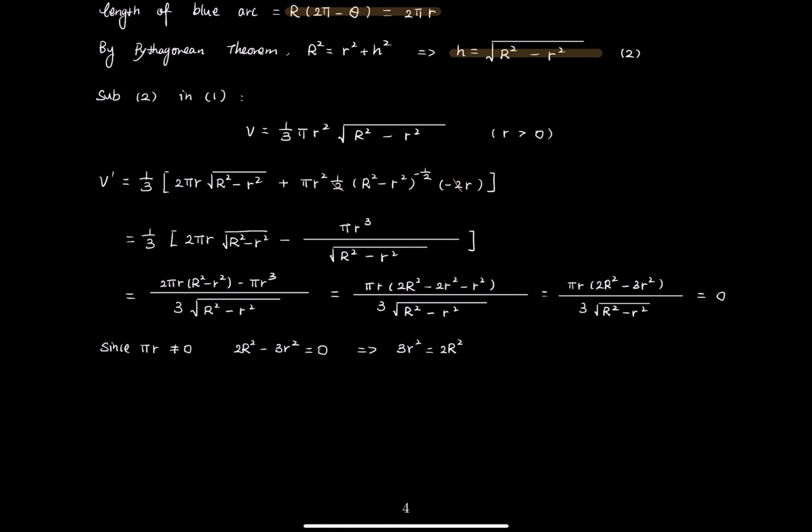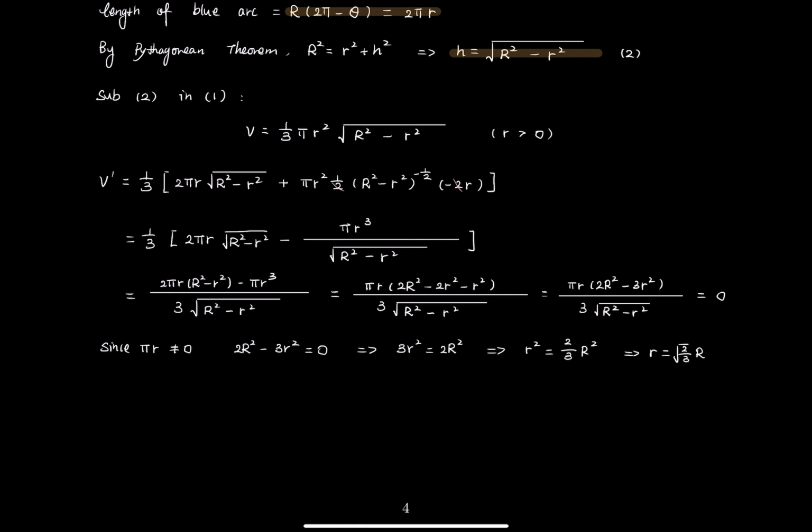So r squared is 2 over 3 capital R squared. And r is square root of 2 over 3 R. We don't need the negative because, well, r has to be positive.